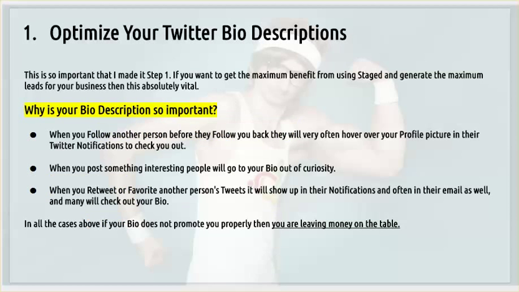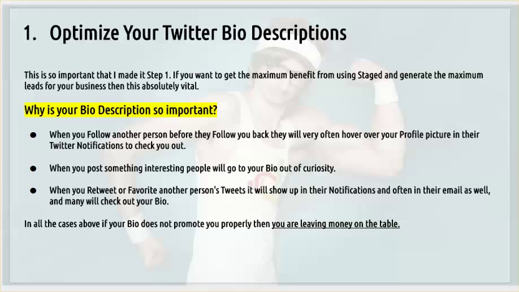So let's get started here on number 1, how to optimize your Twitter bio description. This is very important because if people don't get a good overview of what you're doing, you need to stand out from the clutter. So why is your bio description so important? When you follow someone else, and before they even follow you back, they probably look at your picture, your profile, your notifications.